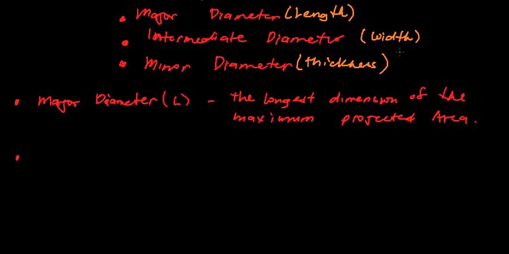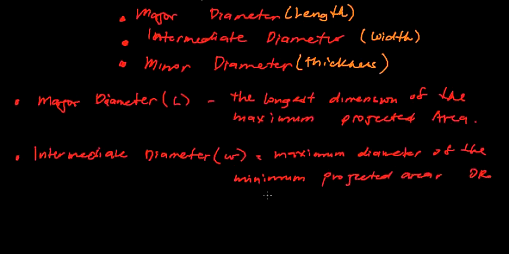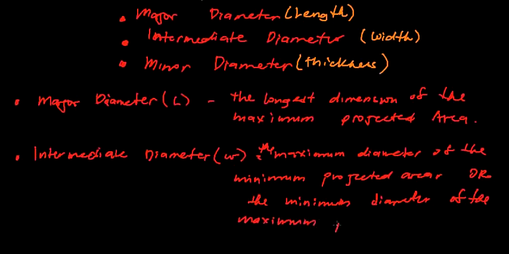The width, or the intermediate diameter, is the maximum diameter of the minimum projected area, or the minimum diameter of the maximum projected area.